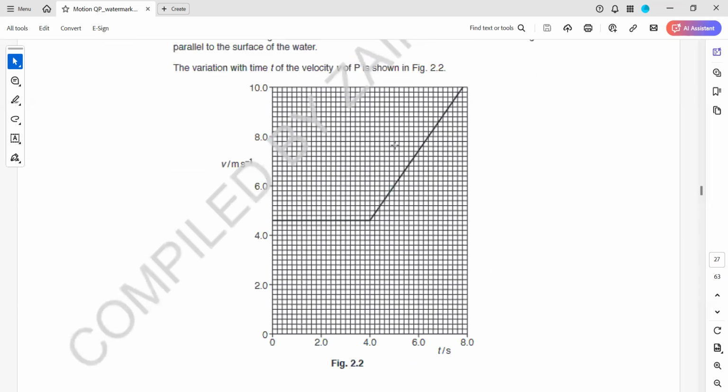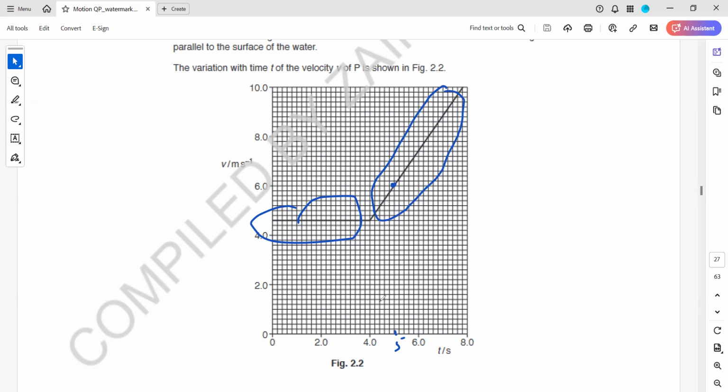Because in this part there is no acceleration, and this part has an acceleration, here t is equal to 5. Because it's a straight line, I can take any two points. I can take two points before, two points after, or one point before and one point after, and I'll find the gradient of this region.